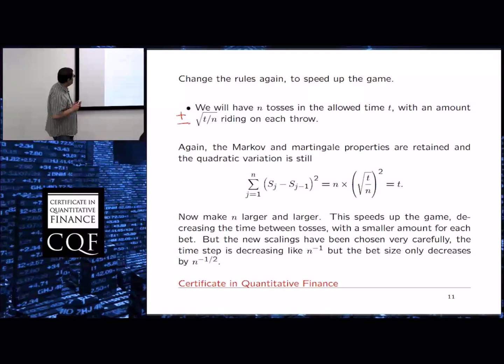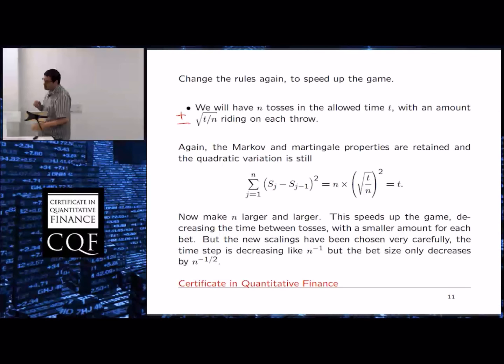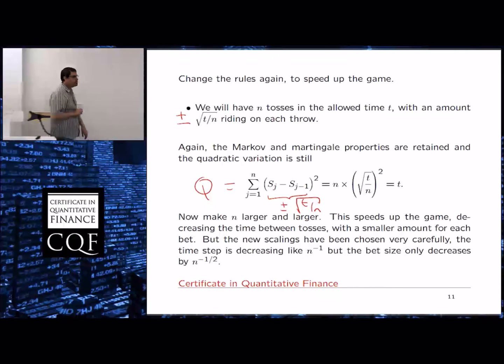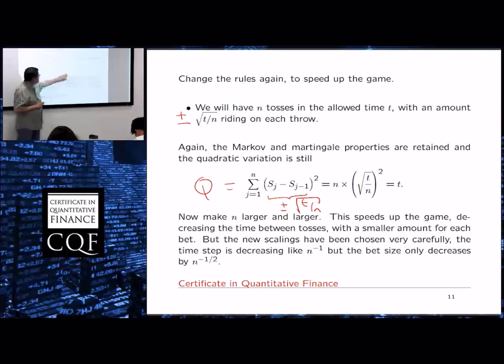So let's have a look. Again, so now what we're doing is we're doing n tosses, so we go from j equals 1 to n. This is the quadratic variation. This is plus minus root t/n. So when we square it, as we've done here, and we note that there are n tosses, can you see the quadratic variation is still t?